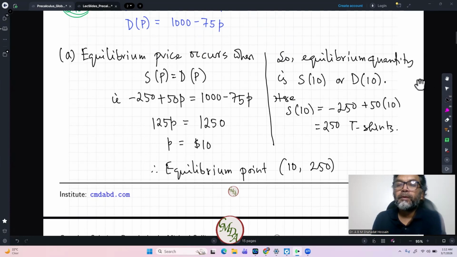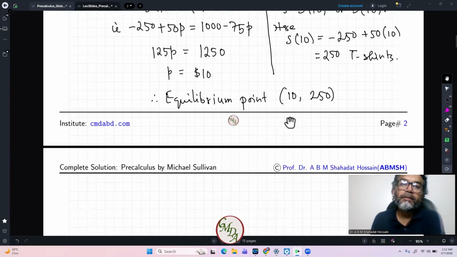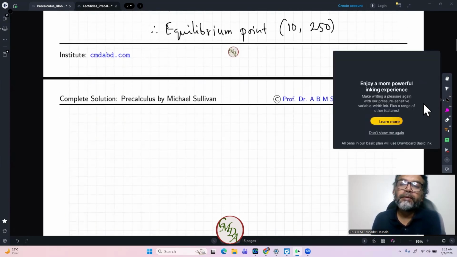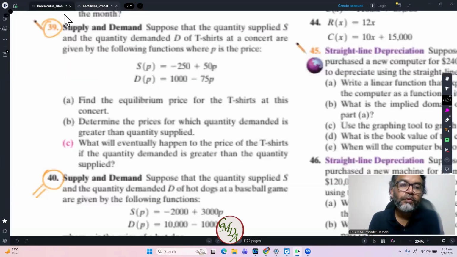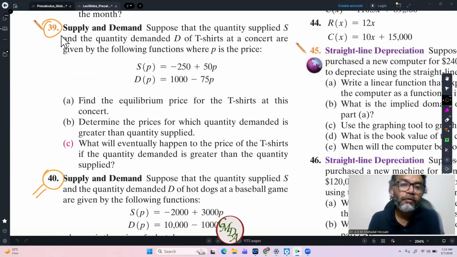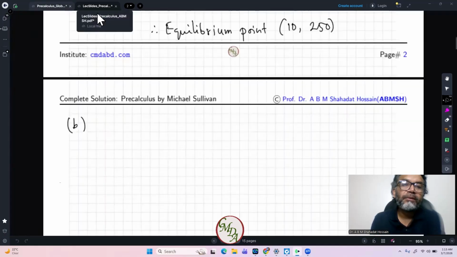Now the second part of this question. Let's read the question again: determine the price for which the quantity demanded is greater than the quantity supplied.